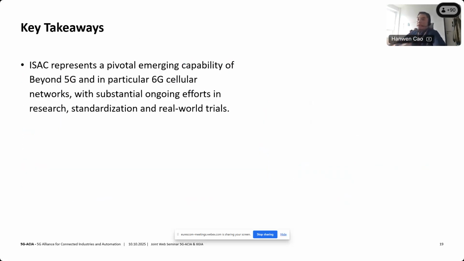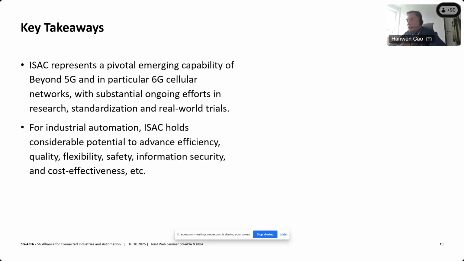So, key takeaways from the talk: we think ISAC is a very encouraging technology. It brings sensing and communication together and creates new businesses for our mobile networks. Of course, substantial work should still be done. We are happy to see there is a lot of research work, especially from the SNS side, and many research projects are working on these technologies.